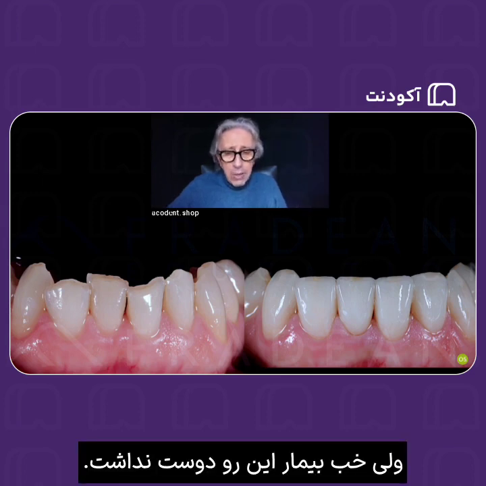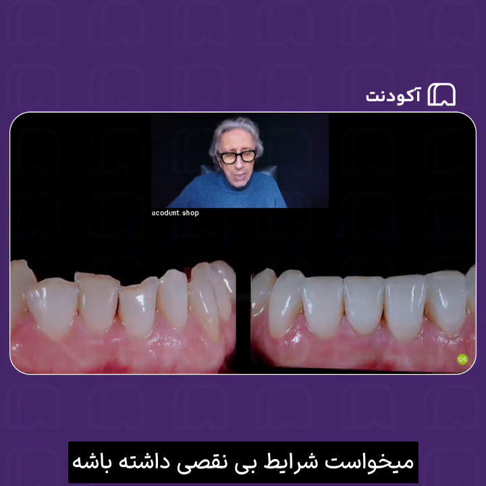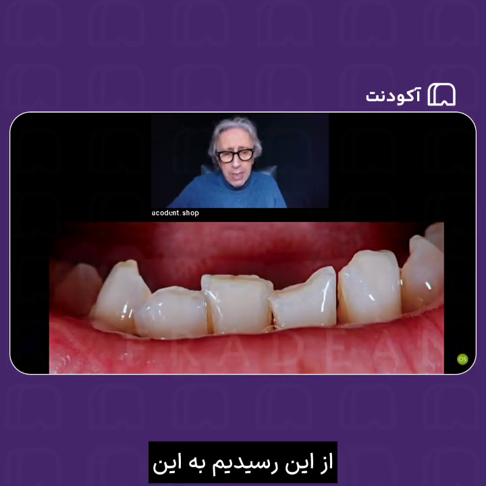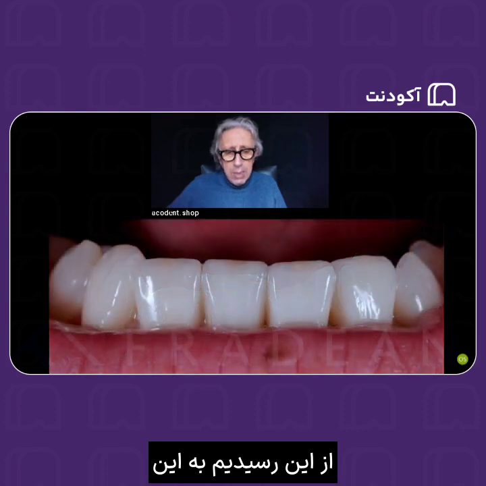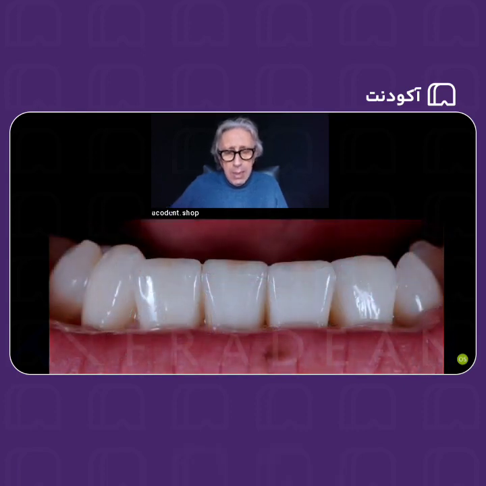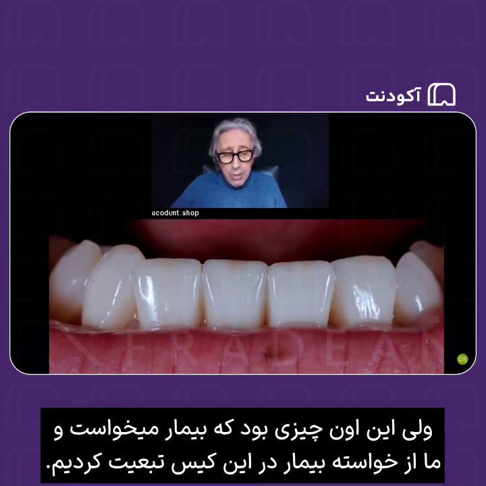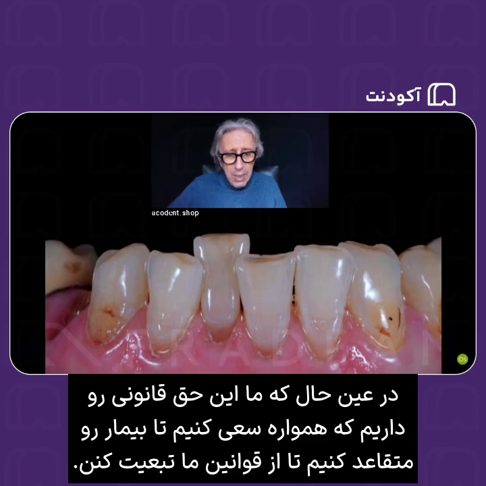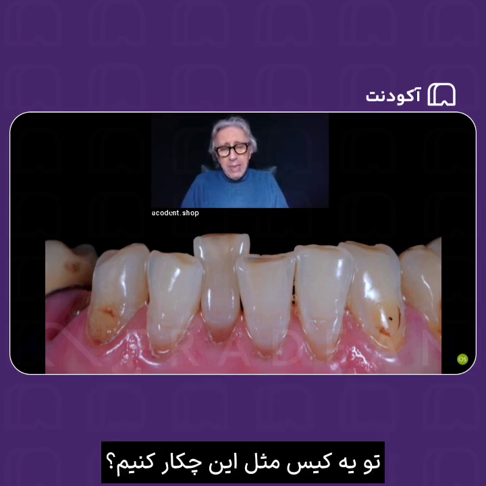But the patient didn't like it. She liked to have this kind of perfect situation, coming from this to this. And that is what the patient wanted, and we followed in this particular case the need of the patient. Even though we, of course, always try to commit the patient to follow our rules, of course. What to do in a case like this?